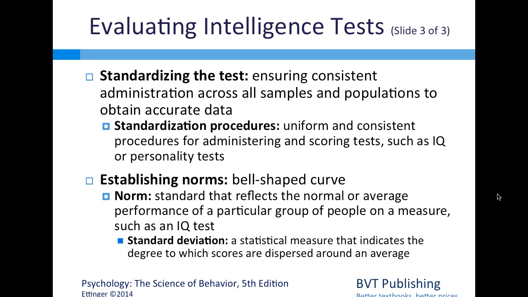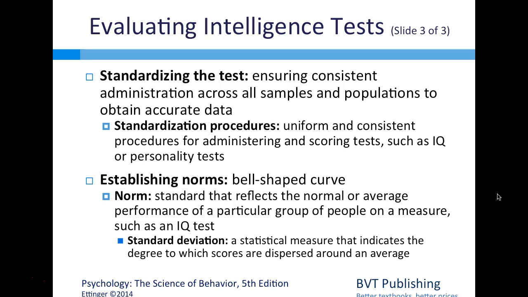Similarly, if 40 to 45-year-olds scored 169 on the average, 169 would be the norm for this age group. So that makes sense. That's just the norm or average that people are scoring in a particular group.